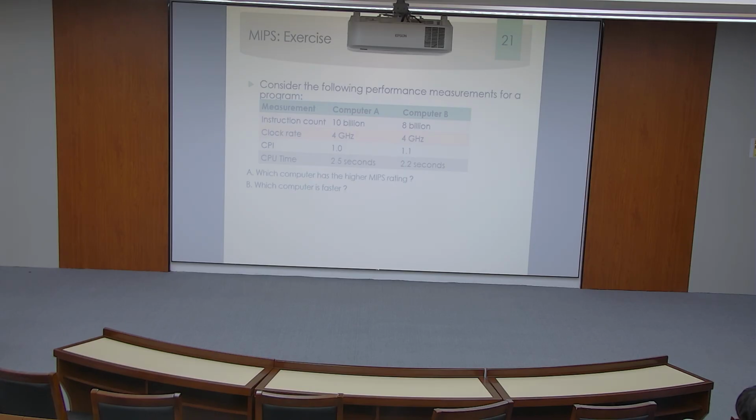Thank you. Now, you see that computer A has higher MIPS because it has 4,000 million instructions per second, and computer B has only 3,636.